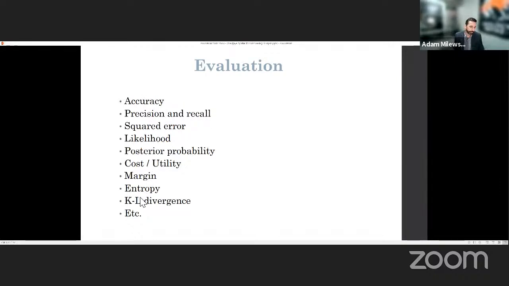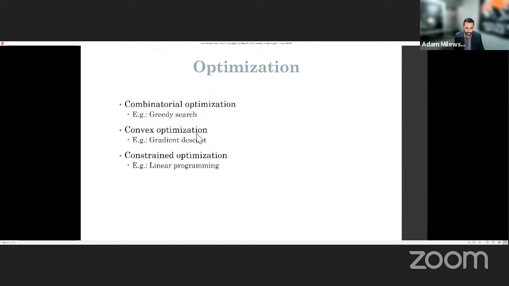Are we going to look at entropy, KL divergence, a number of different ways that we can evaluate our actual plants in our system, okay, the outputs. And then lastly, optimization. I won't go into this, but there are a couple of different approaches called combinatorial, convex, and constrained. This is just how do we optimize our models? We're going to get a result, but can we improve even that result after it's done?